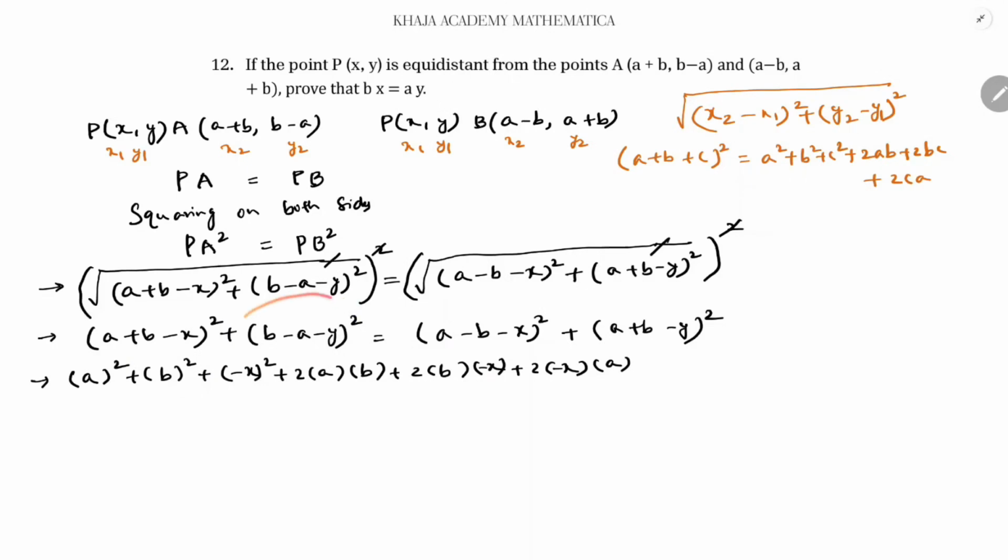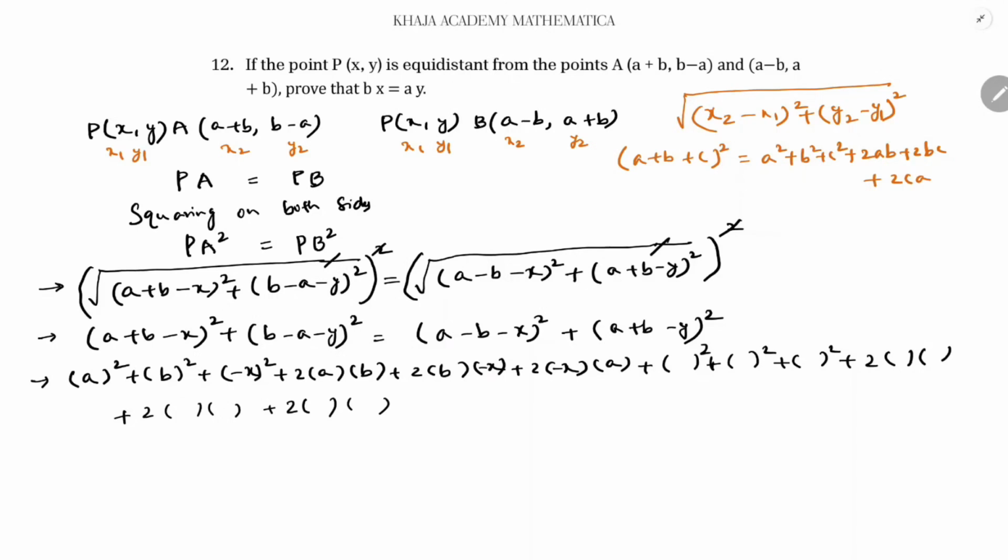Now for this (b − a − y) whole square, again the same formula: a square plus b square plus c square plus 2ab plus 2bc plus 2ca.